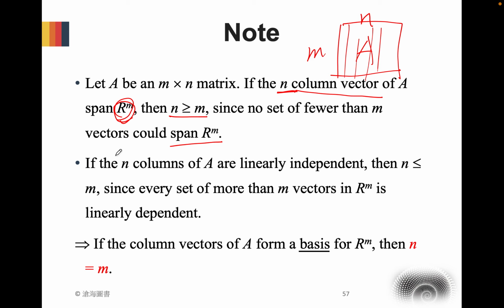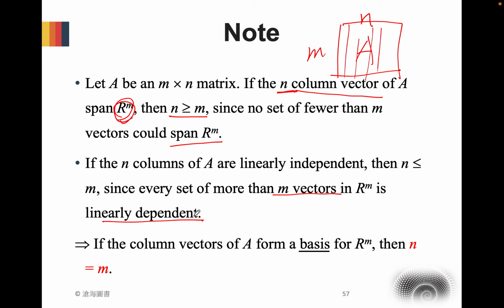The second statement, if the n columns of A are linearly independent, then n must be equal or smaller than m. Why? Because every set of more than m vectors is linearly dependent.